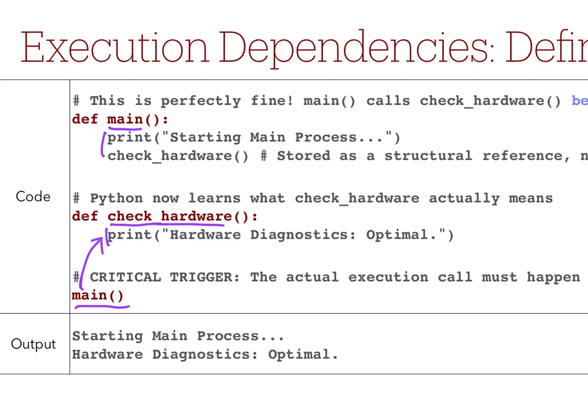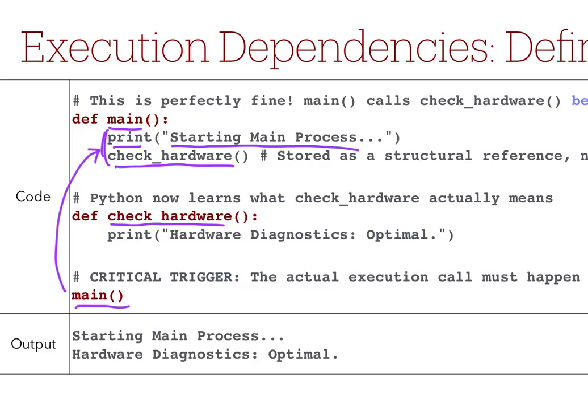Now, in this case, the main function consists of a single line. So that print function will be executed. But when you call the, sorry, not this one. Sorry. The main function consists of two lines. So it will display some statements on the screen. After that, it will call this function. And at that point, when I call this main function, it goes inside the main and then runs the print function, and then it will try to run the check hardware function.